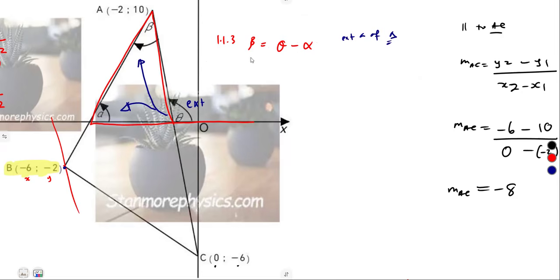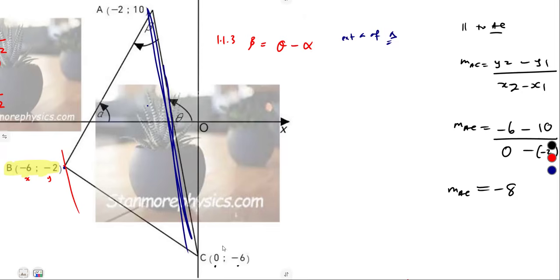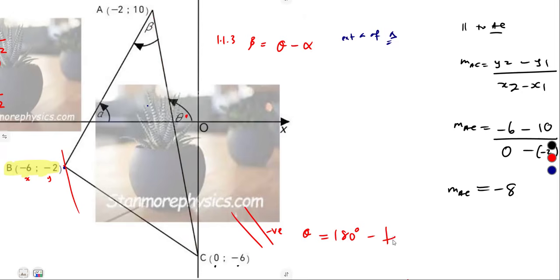So it follows that if we can determine the angle theta and the angle alpha, we are done. All right. So the angle theta being the angle of inclination of the line AC, it is affected by the line AC. And this line AC has got a negative gradient. All these lines which have got a negative gradient, it follows that the angle of inclination is going to be 180 degrees minus arctan of the gradient.